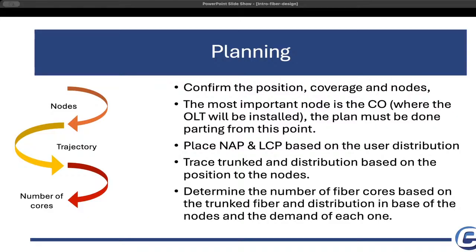So the most important node is the CO, where the OLT is going to be installed. The CO is just a convergence node, convergence area. The plan must be done starting from this point. So this is our starting point, and everything from there, we're going to see how we're going to distribute all of the NAPs and LCPs based on the first node.